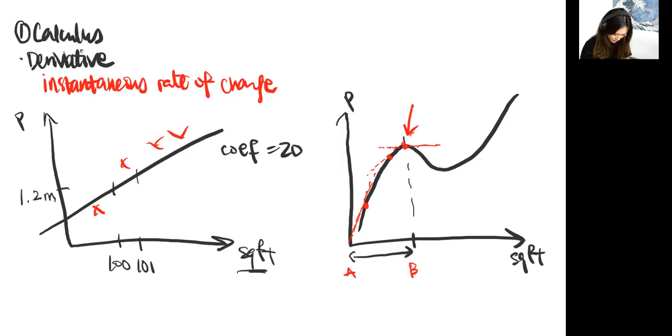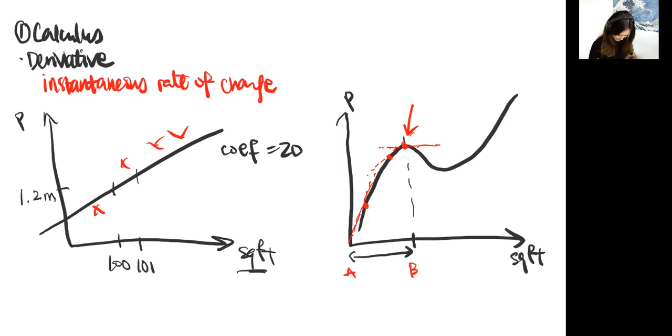Something that's important to remember is whenever you have some sort of minimum or maximum point, the rate of change is going to be 0. So for example, here, as your increase in price goes from positive to negative, we have a maximum point here where the derivative is 0, and same here.